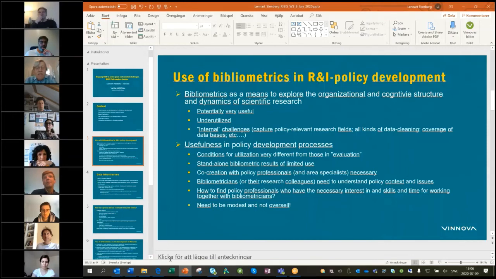And that means that efforts have to be made both from the bibliometrician's point of view and from the policy professionals, to adjust to each other's demands.